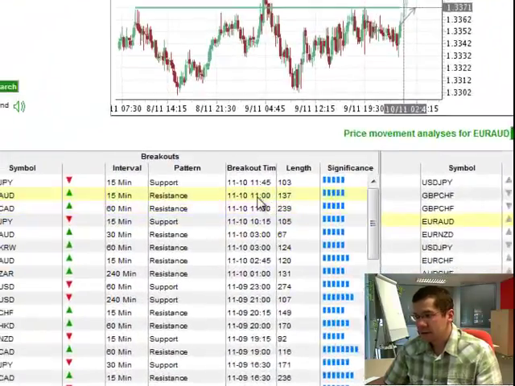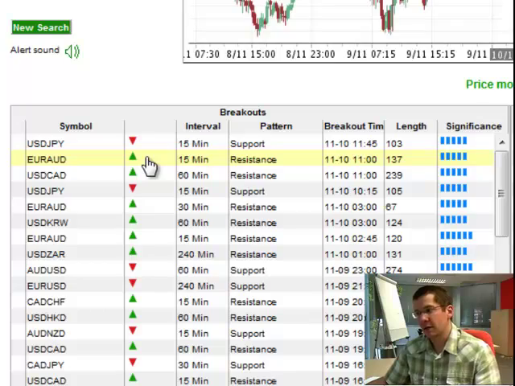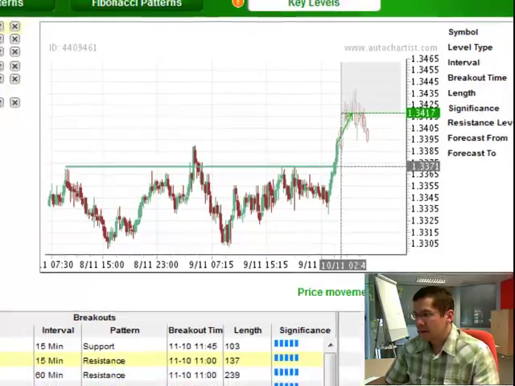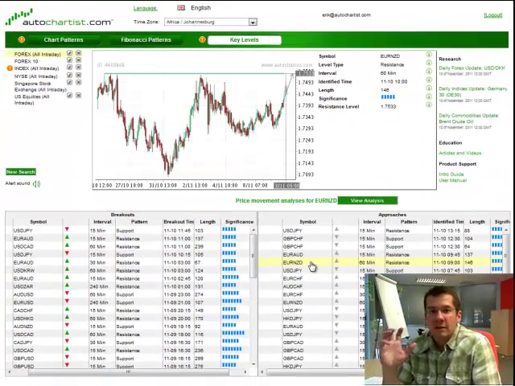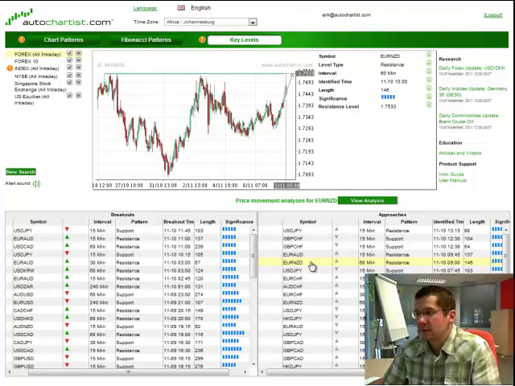This is basically the approach that preceded this breakout level over here. So at this point we identified it as a breakout. In most cases you would find that you'd have an approach signal that precedes a breakout signal.